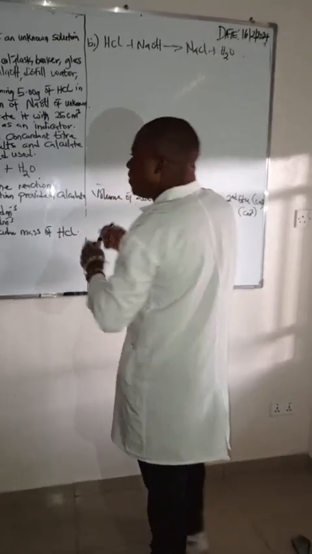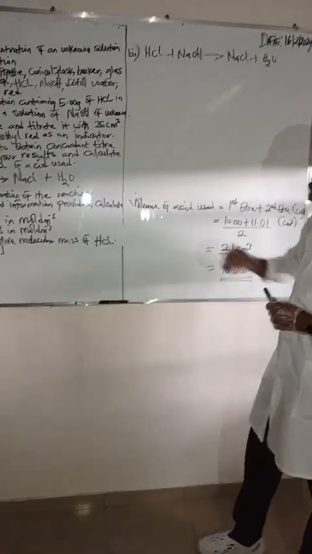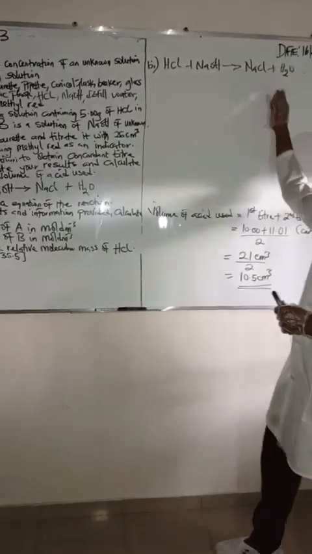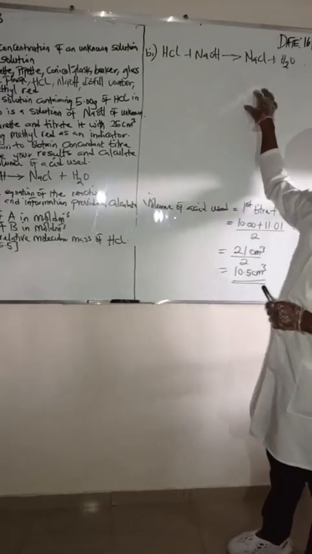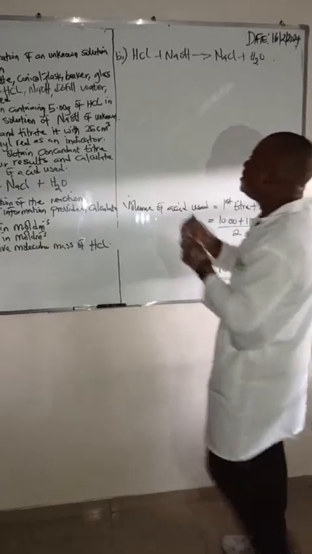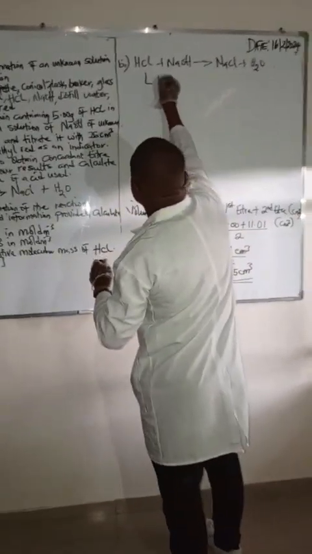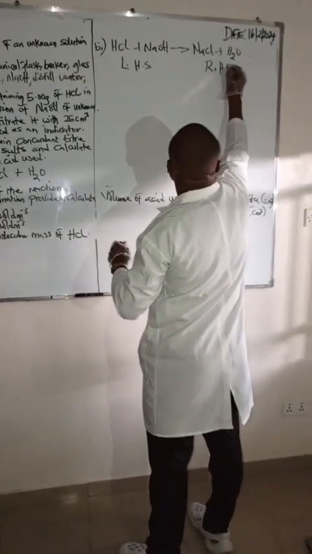Now when you're asked to write a balanced equation, it's just to balance the atoms of the component elements involved. You take the left hand side and the right hand side. Whatever you have in the left hand side will be equal to what you have in the right hand side. Are you following? Yes. Now you just look at the atoms of the elements. The reactant is called the left hand side. The product is called the right hand side.